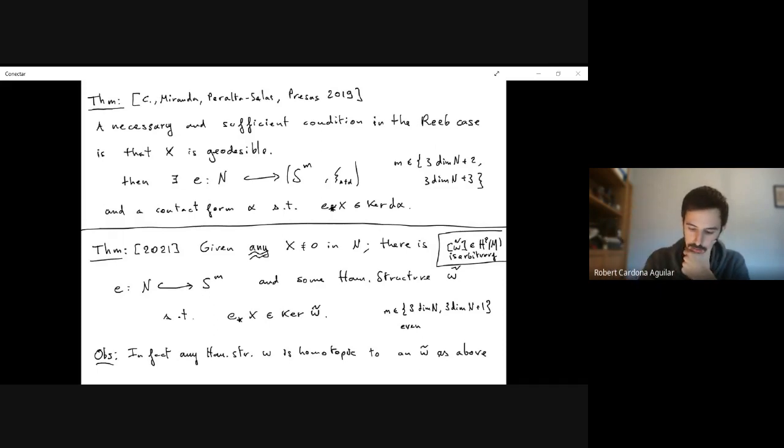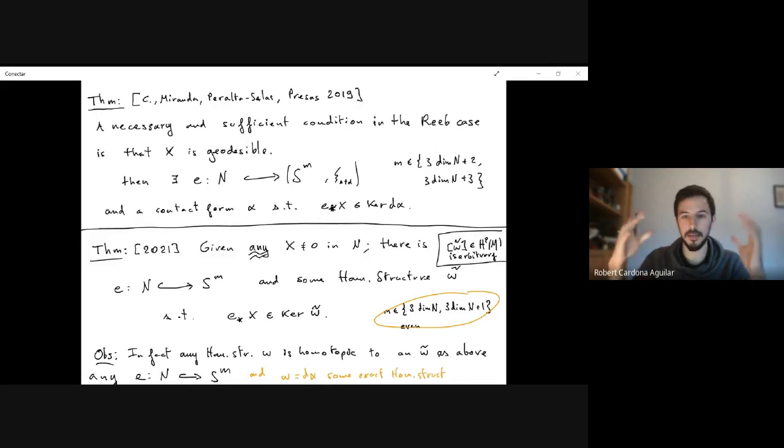So what I claim here, this is not precise, but in fact what you can say is, start with any smooth embedding E of N into S^(2m-1), with m satisfying this, and omega some exact Hamiltonian structure.